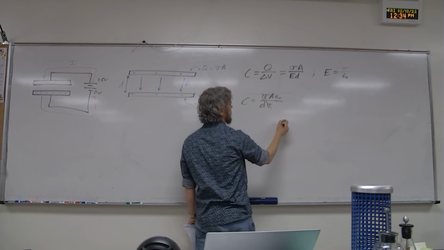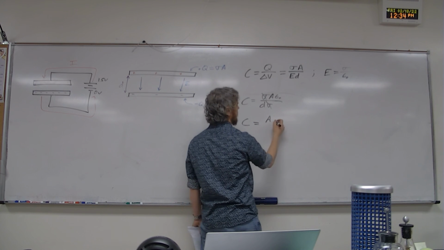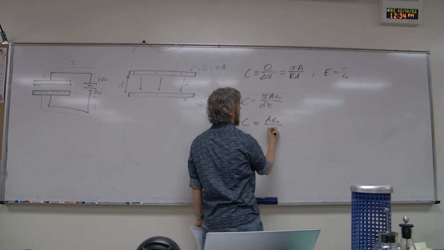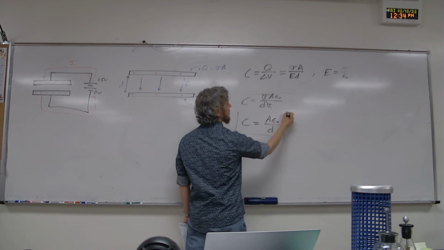So sigma cancels. So my capacitance is the plate area times epsilon naught divided by the plate spacing. This is important.